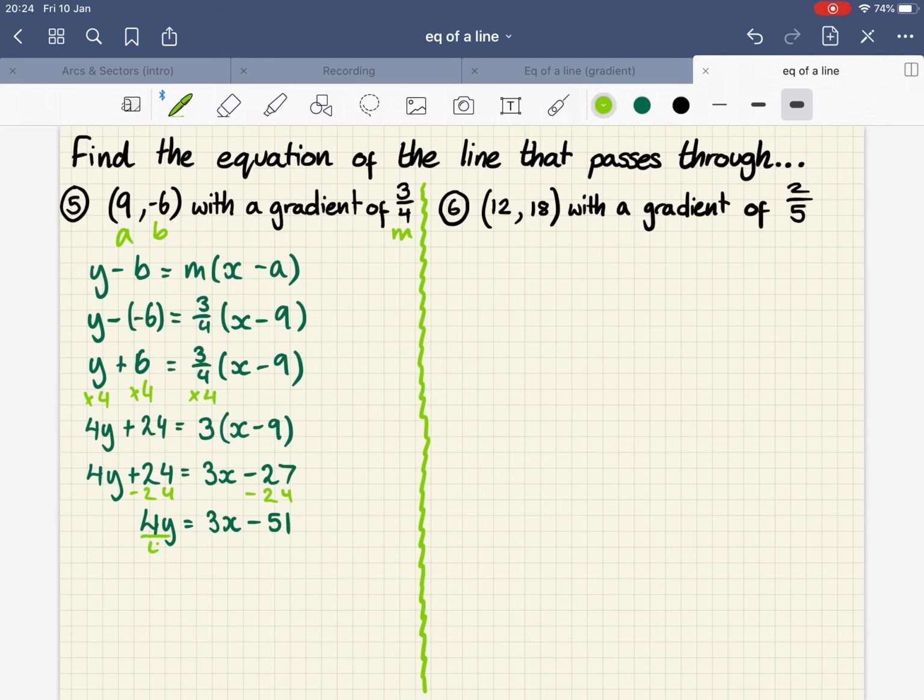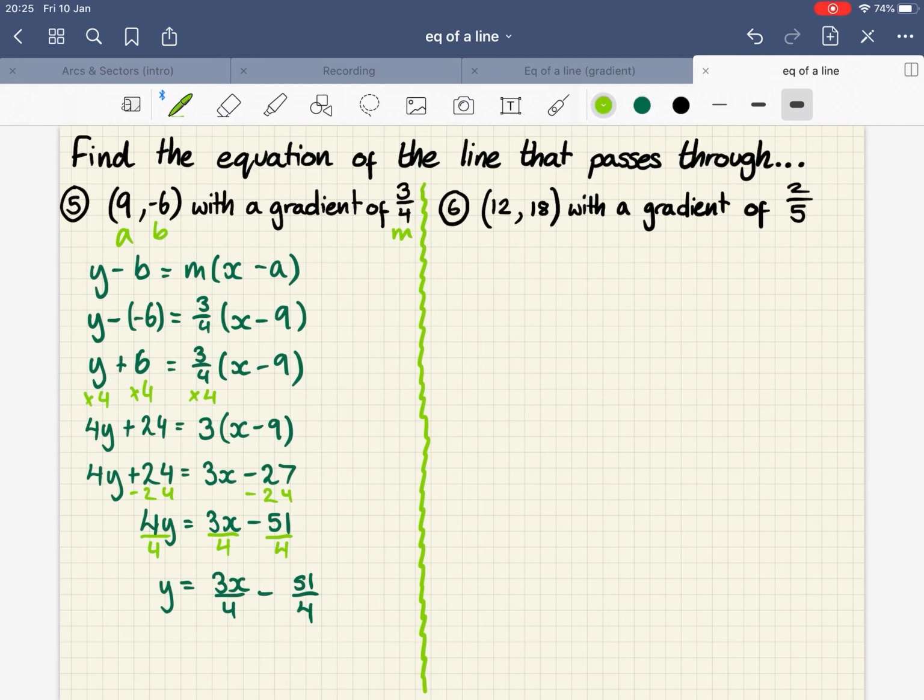And I want to divide everything by 4. Now, in our solving and rearranging questions, normally we do the whole thing over 4. But what you can do instead is do that over 4 and that over 4, because essentially I'm dividing each bit in there by 4 individually. So that then cancels to be y equals 3x over 4 minus 51 over 4.